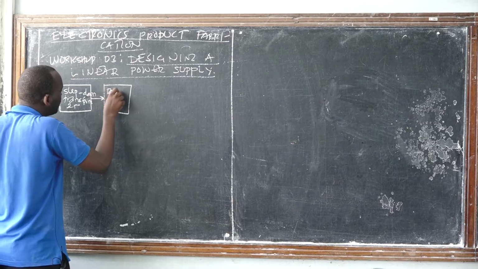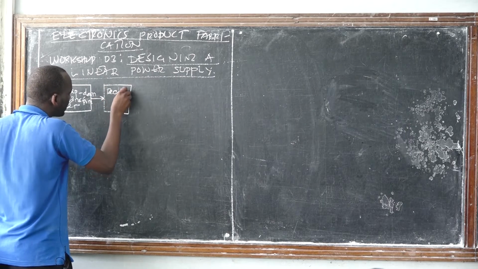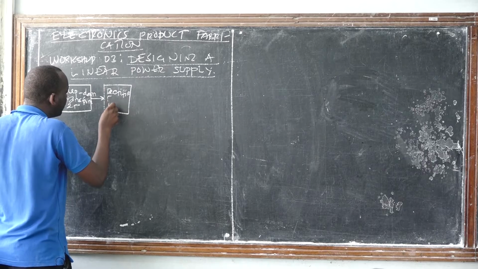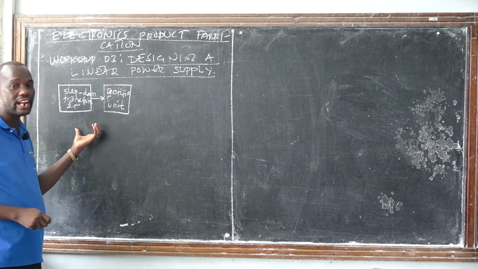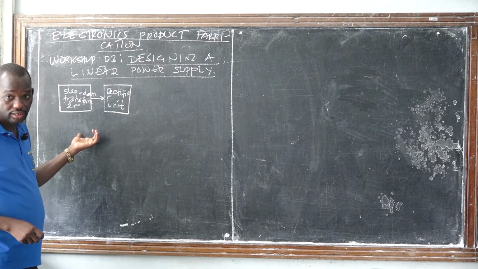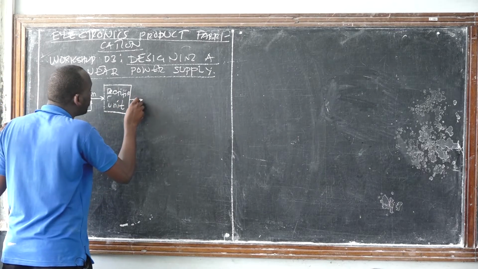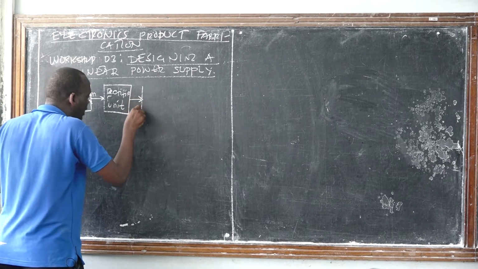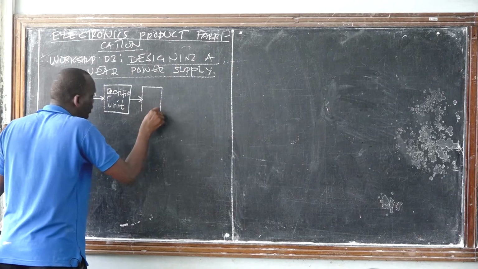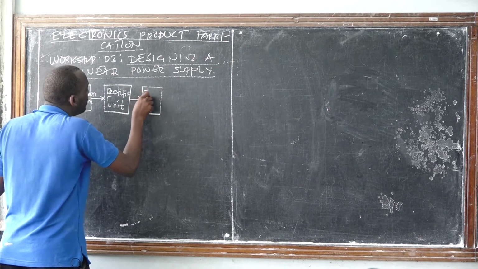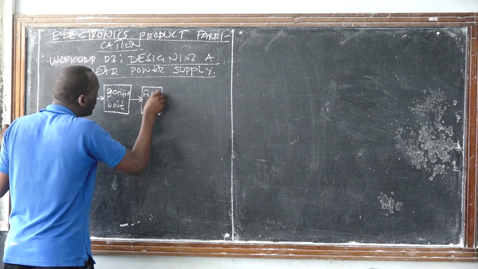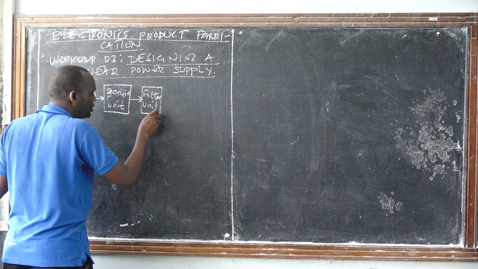Once the step down transformer performs its responsibility, it delivers the output to another block, and this block is called the rectifier unit, because it consists of more than one component. Then once the rectifier performs its responsibility, it provides the output to the filter unit.